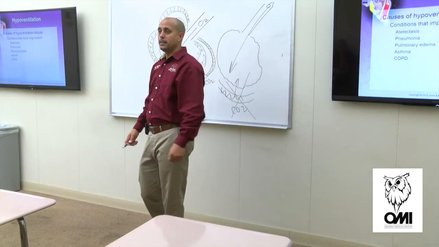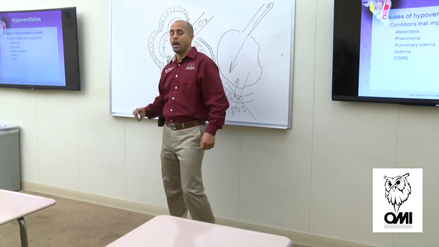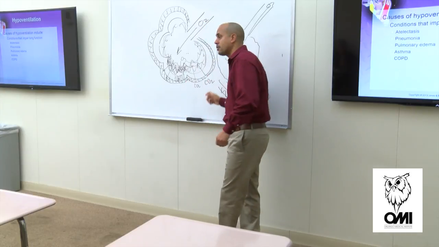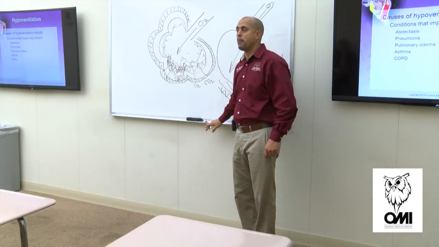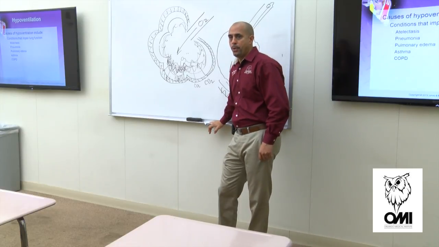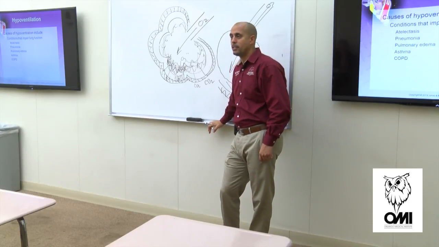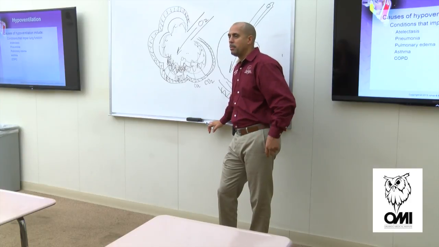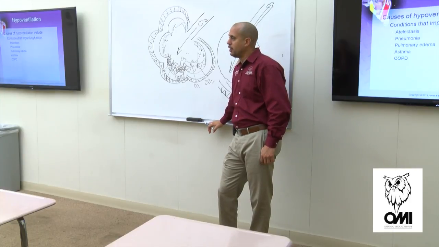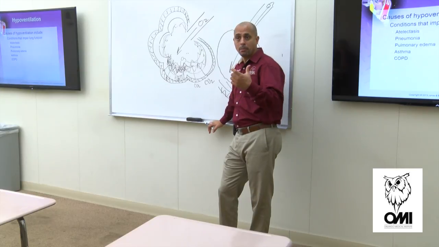So how the body compensates to get this CO2 out, because I've got to build negative pressure to get things out, is they start pursed lip breathing. That's how they breathe. Why are they doing that? To build that negative pressure to get it out. But do they get it all out? No. So they have a lot more air than most people.